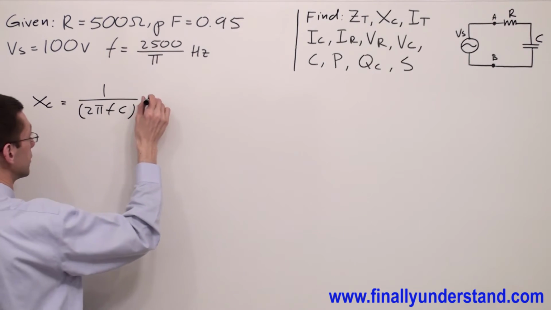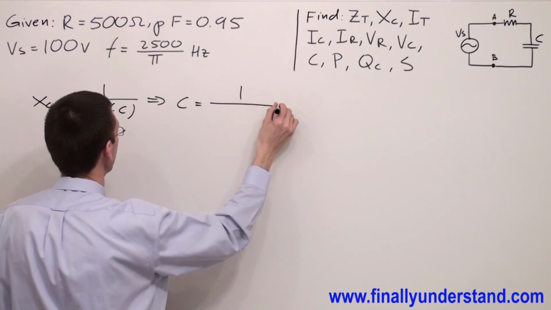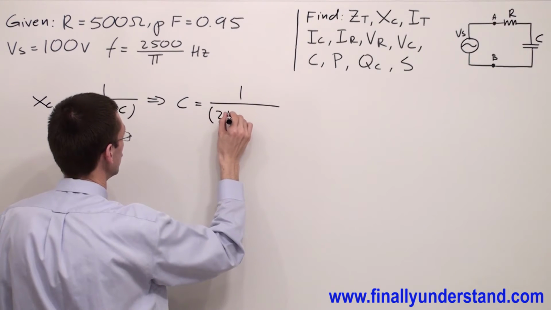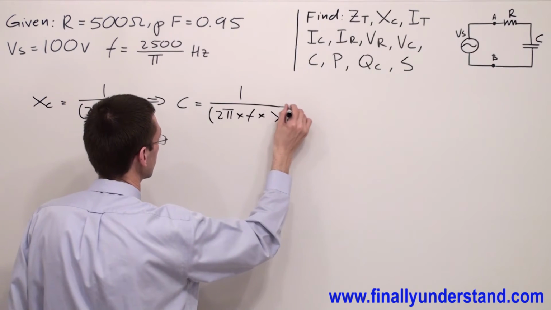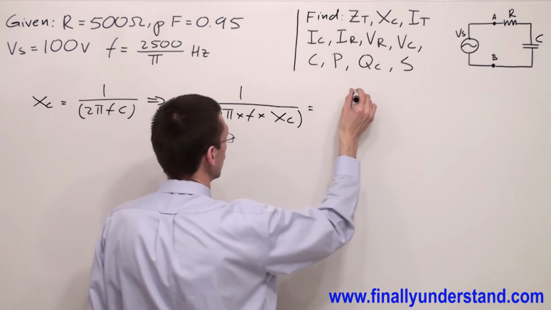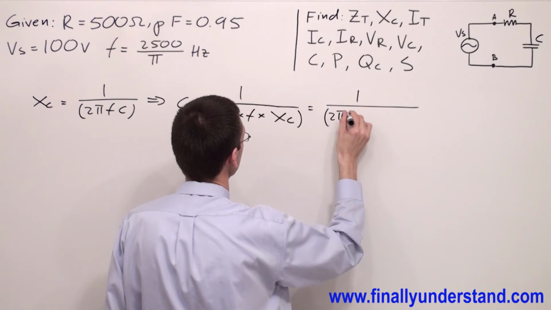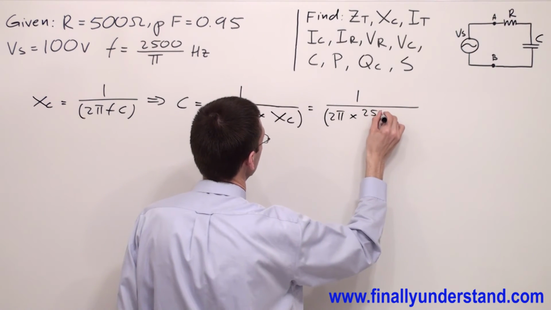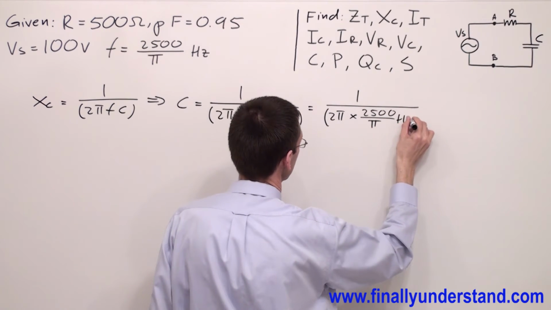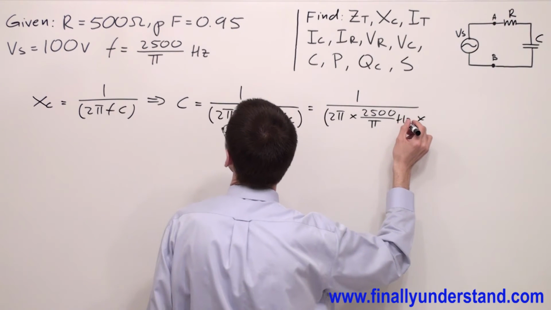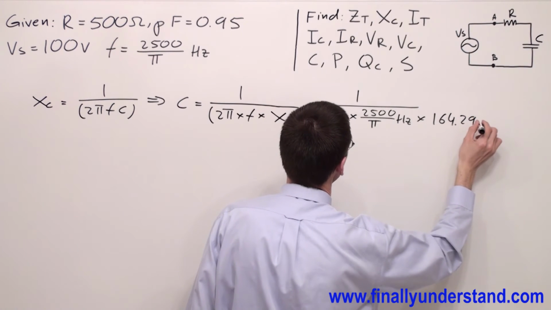Supposed to use the algebra and solve this formula for C. So C is equal 1 divided by, open parenthesis, 2 pi times F times X of C. This is equal 1 divided by, open parenthesis, and I have 2 pi times 2500 over pi hertz times X of C, 164.29 ohms.